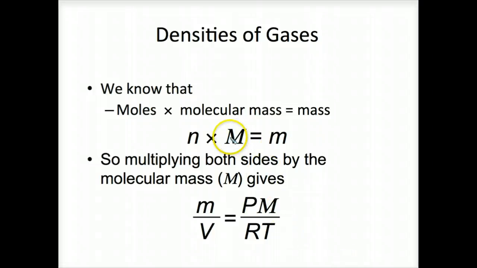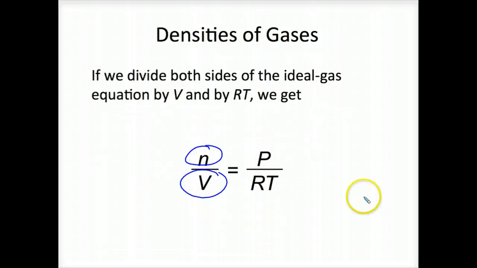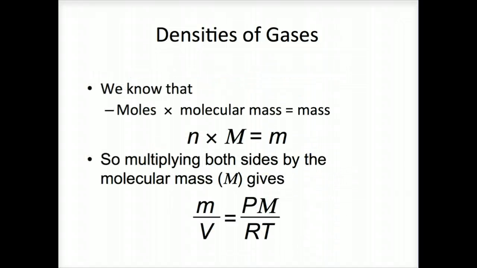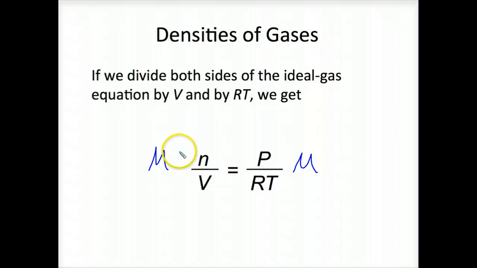As soon as I incorporate molar mass, whatever I do to one side, I do to the other. So if I multiply by molar mass on this side, I have to multiply by molar mass on the other side, and I see that moles times molar mass is going to give me just mass, because I know that molar mass by definition is mass per mole.